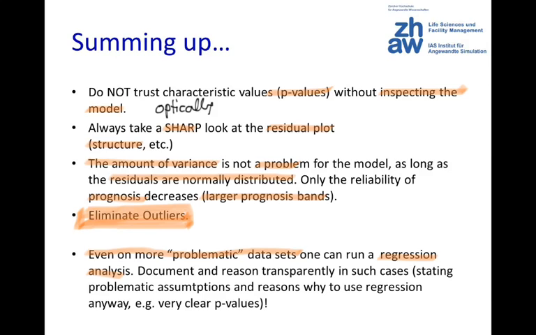It is, however, very important that you document these flaws in your models with transparent reason, stating what kind of problematic assumptions you're making and the reason why you use regression anyway, despite these assumptions may not be met. You can, for example, argue that you have very, very low p-values such that a slight disturbance in your assumptions may not affect the overall statements of your model.